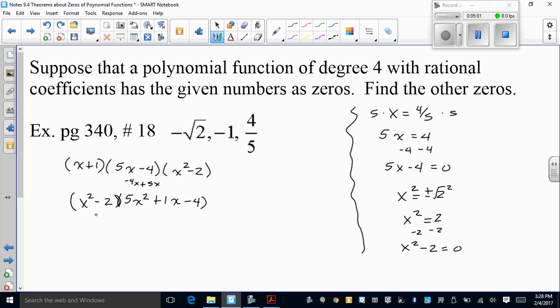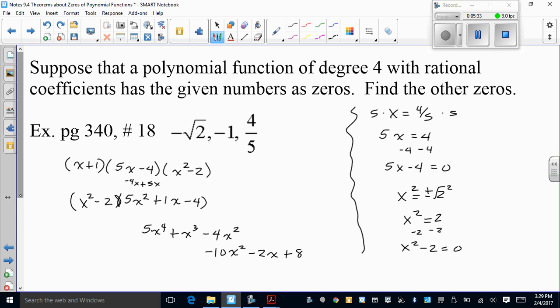And now we can multiply this out. x squared times 5x squared gives me 5x to the fourth. x squared times x gives me a positive x cubed. And x squared times negative 4 is negative 4x squared. Now multiply by negative 2: 2 and 5, negative 10x squared. 2 and 1 gives me negative 2x. And negative 2 and negative 4 gives me positive 8.